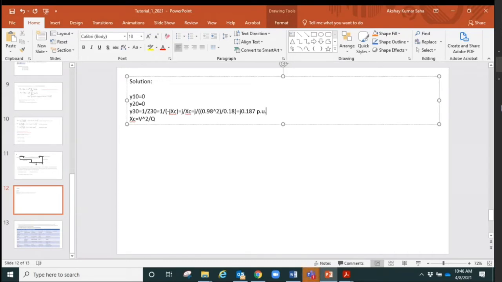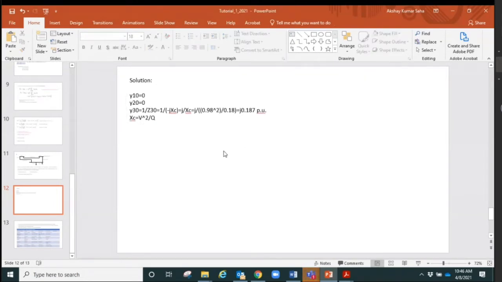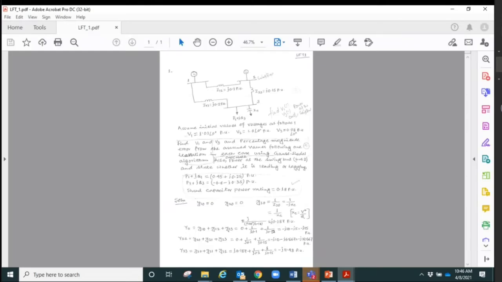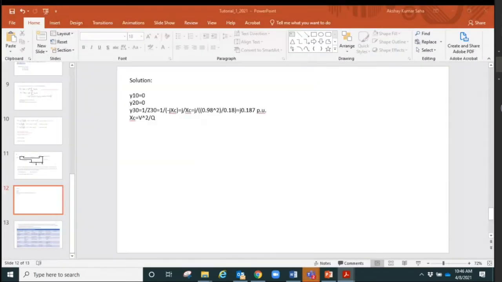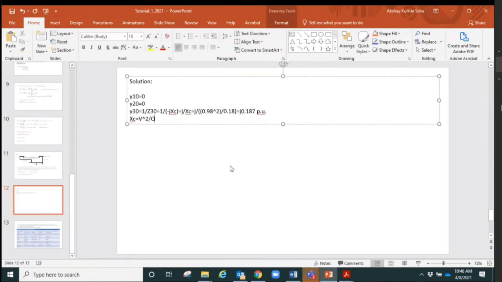Umishan says yes, that's good. So we have the value for y30. Now we can go and calculate other admittances. So in this case we need to calculate the other admittances. Let's go and calculate them.